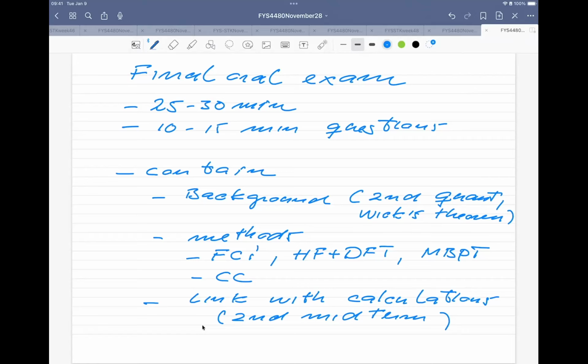So these are essentially the things we want you to discuss, obviously with a critical view. If you think of the second midterm where you looked at many-body perturbation theory, if you now stretch the result from -1 to +1 and you let the interaction strength be stronger, you will see larger and larger deviations.